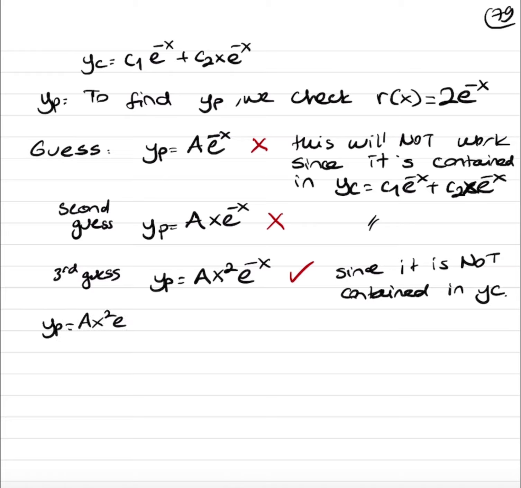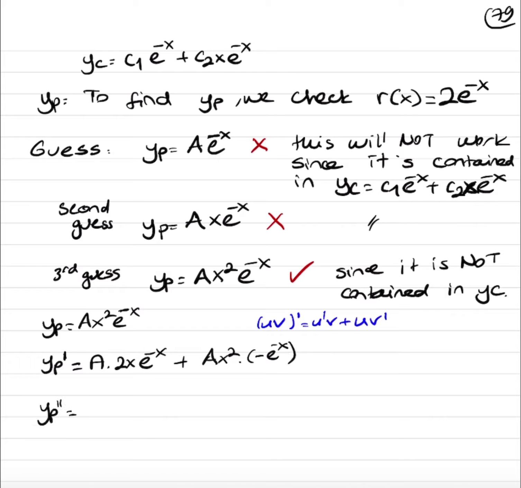Let's take the first derivative. We need to use the product rule, u prime v plus u v prime, the derivative of the product. So we have a times 2x e to the power minus x plus a x squared times the derivative of e to the power minus x, which is minus e to the power minus x. Then we take the second derivative, again with the product rule.